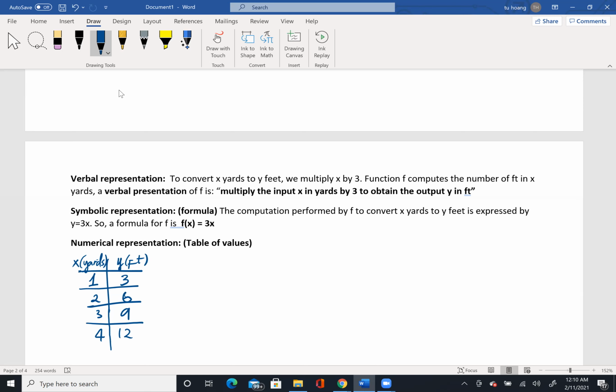You can keep going with some more values, but I'm just gonna stop here with only 4 inputs and outputs. So this is called a partial numerical representation of f.